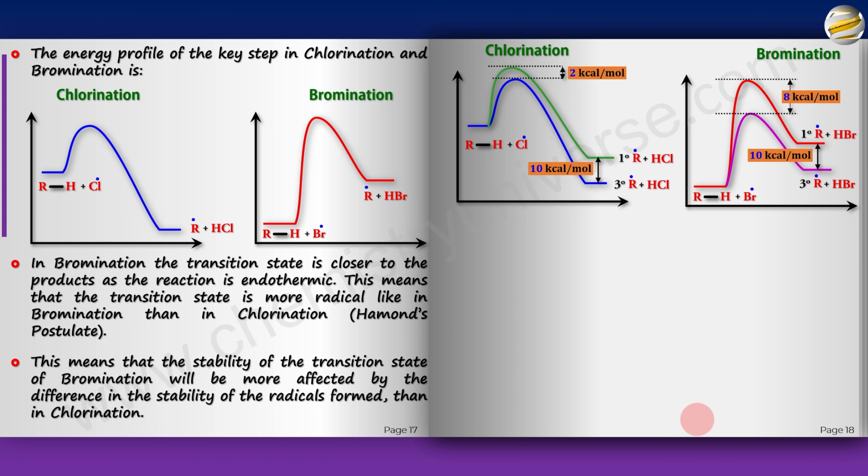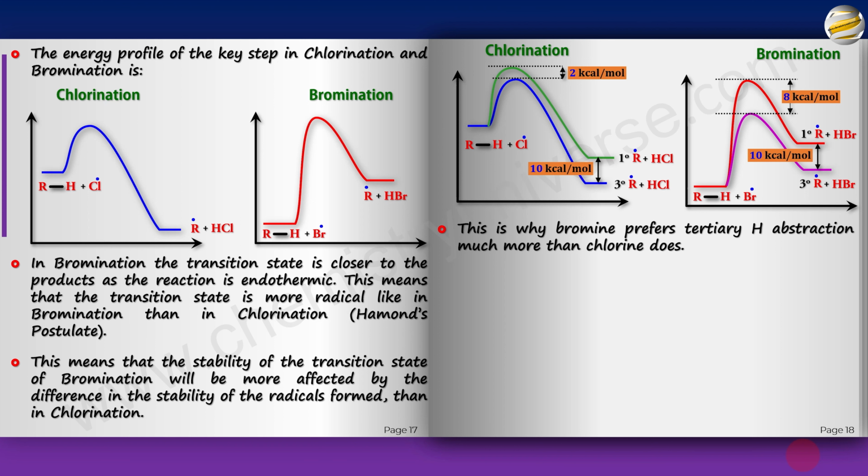So can you see bromination is more affected by the stability of the radical than chlorination is, even though in both chlorination and bromination, tertiary is better. This is why bromine prefers tertiary H abstraction much more than chlorine does, even though both prefer tertiary.